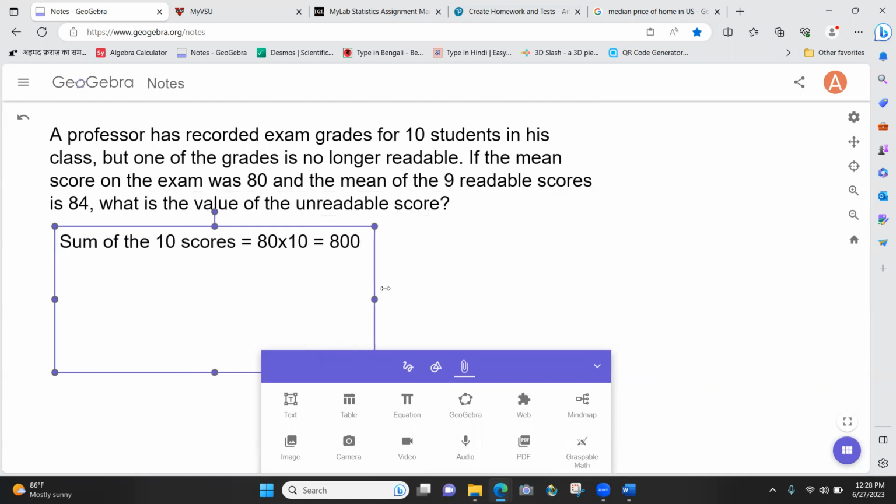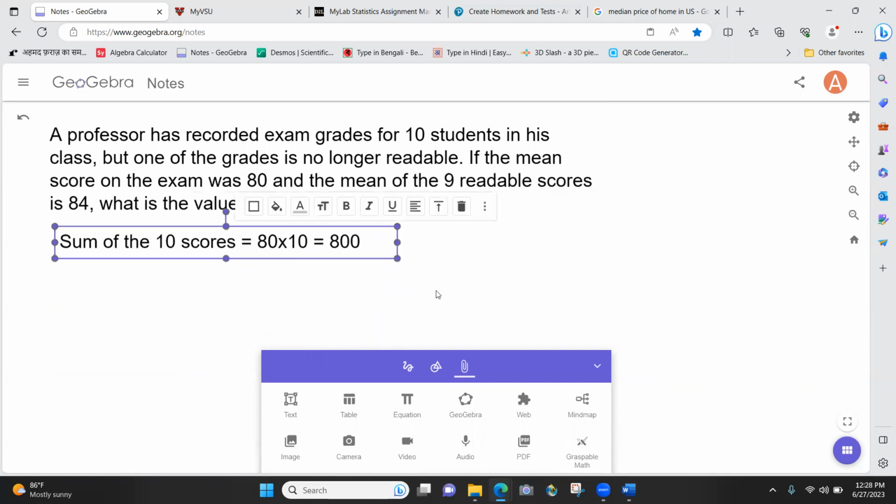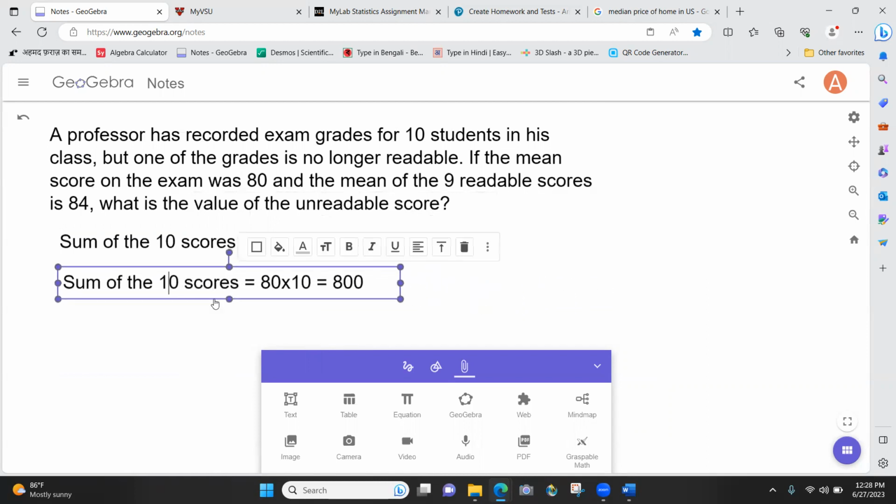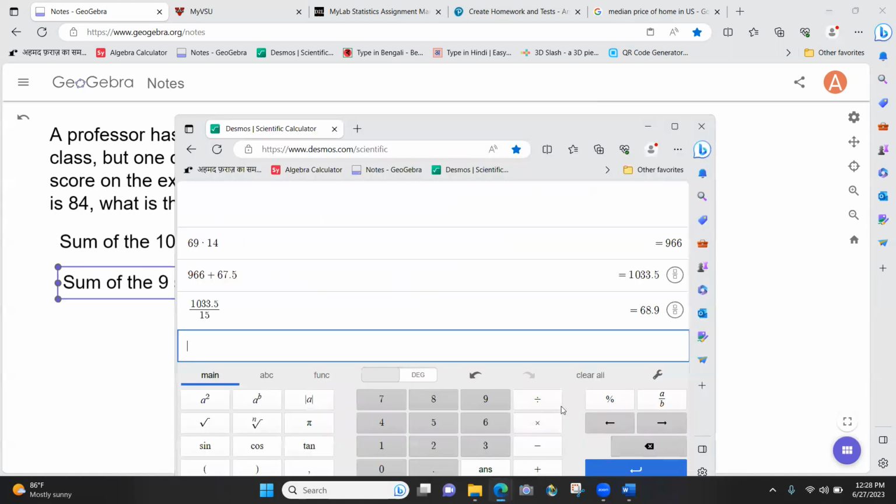Now, the mean of the 9 readable scores is 84. The sum of the 9 scores must be the average times the number of students, 9 this time. 84 times 9 is what, guys? Let me find out. 84 times 9, 756.